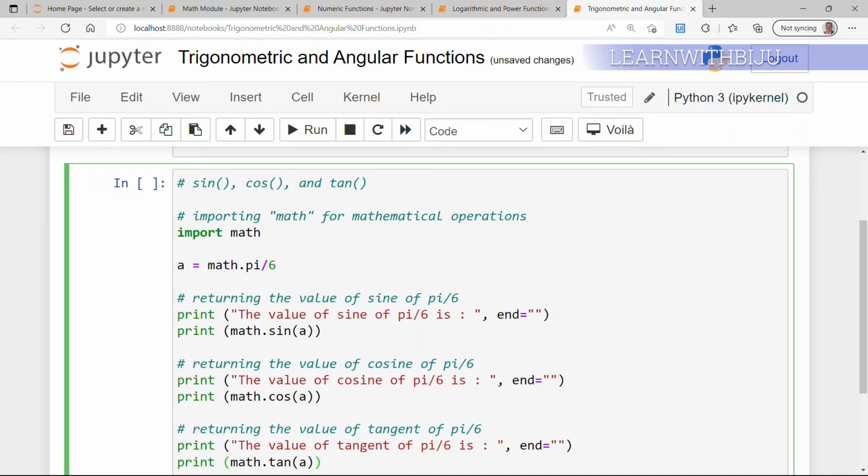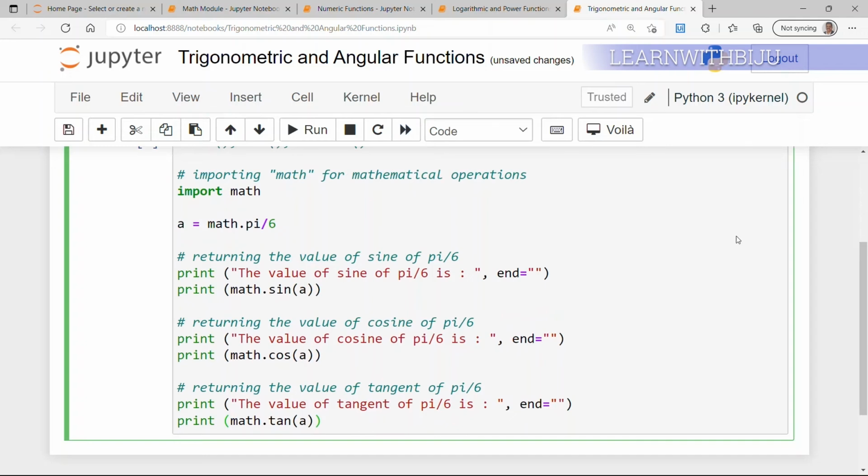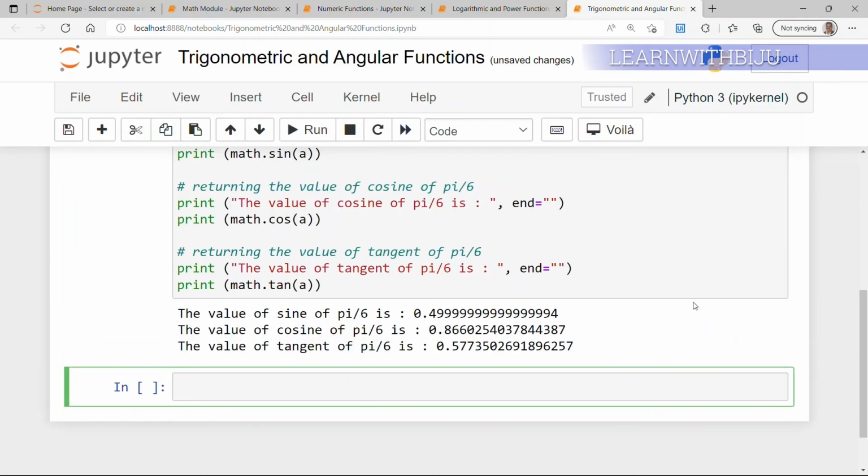Okay, let's see what is the output. The value of sine of pi divided by 6 is 0.49999. Then we have the cosine of a and the tangent of a.